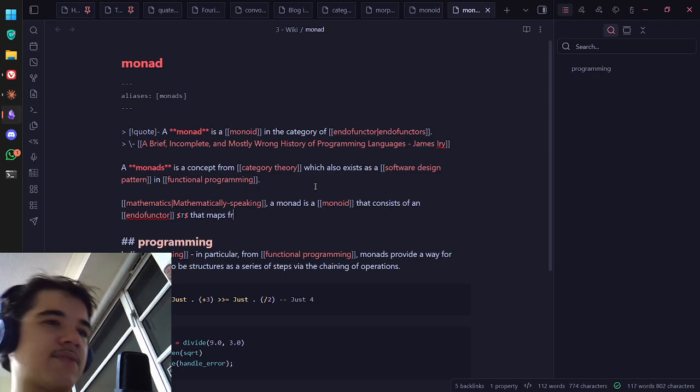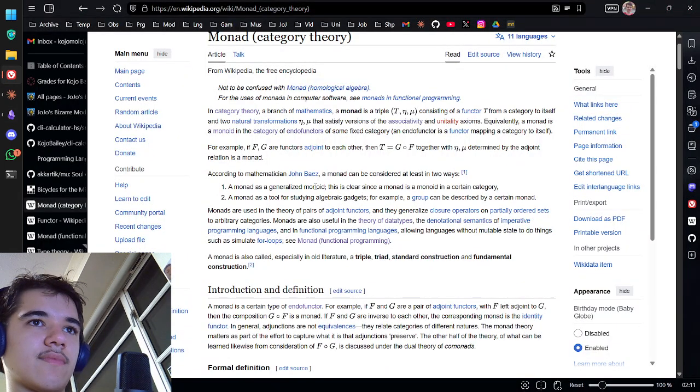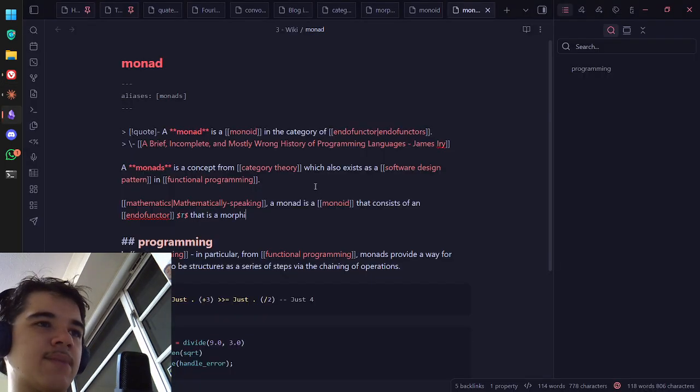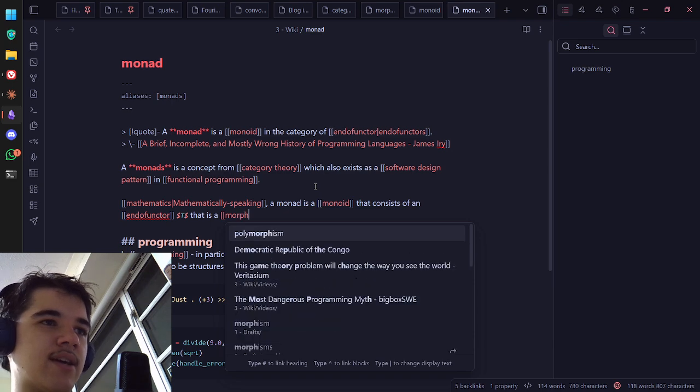Morphism? Okay, that is a morphism, it'd be easier to write.